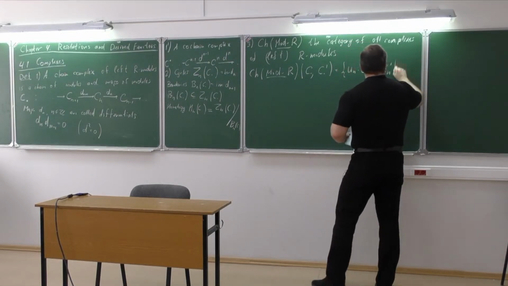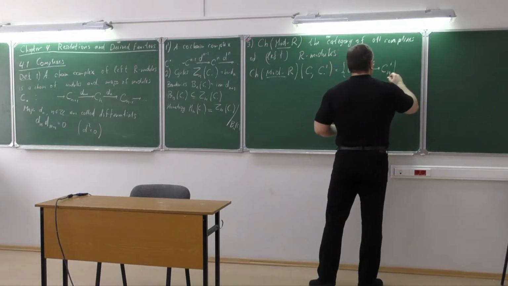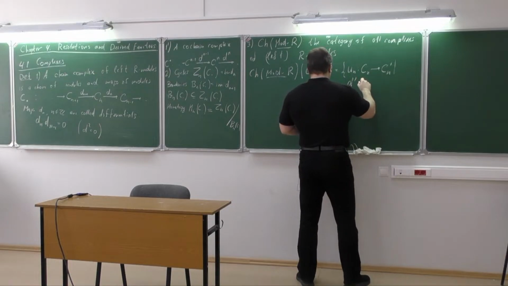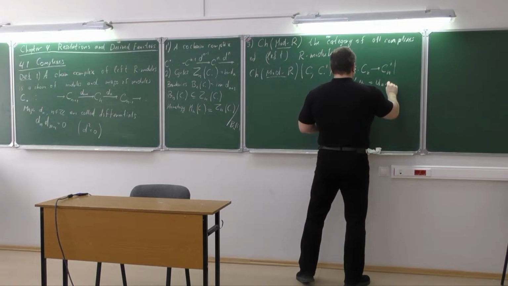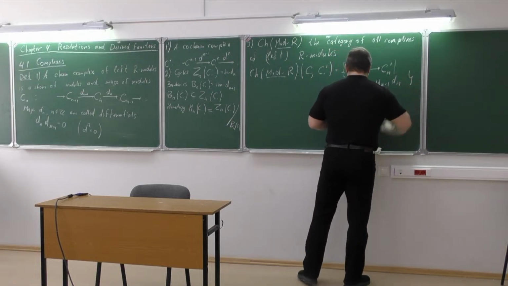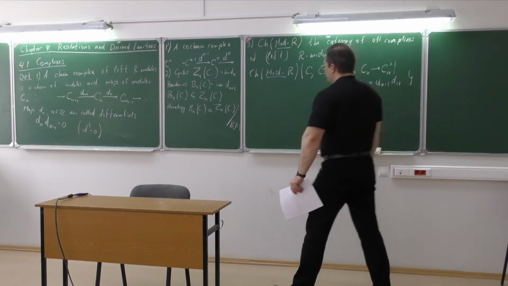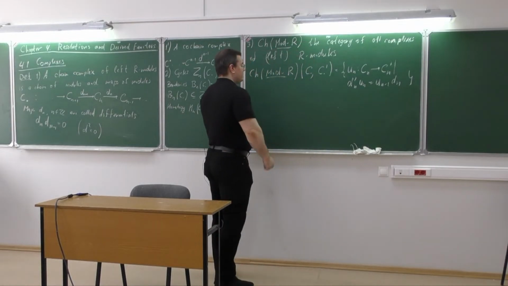And the requirement is that d prime n u_n is equal to u_{n-1} d_n. So that's the definition, but it's maybe easier to understand if you have a picture.